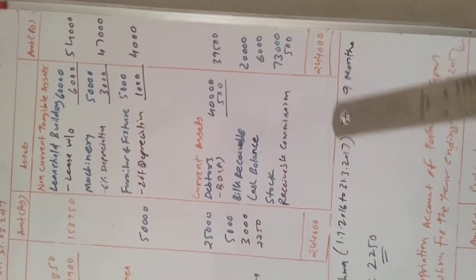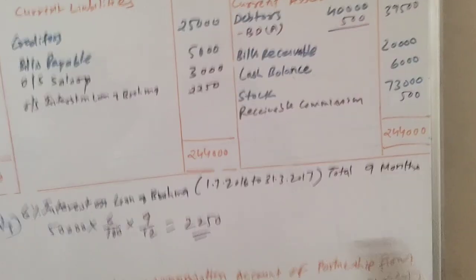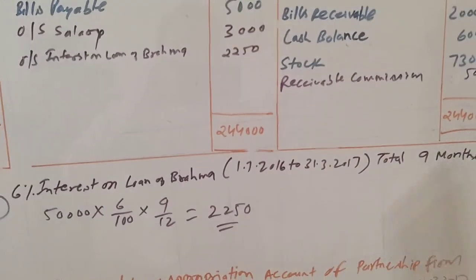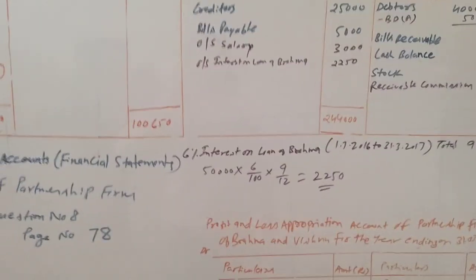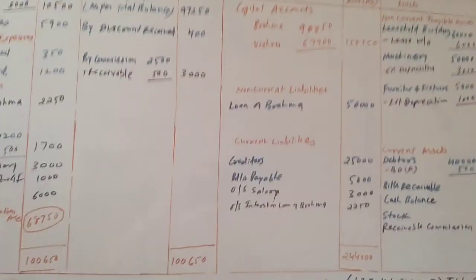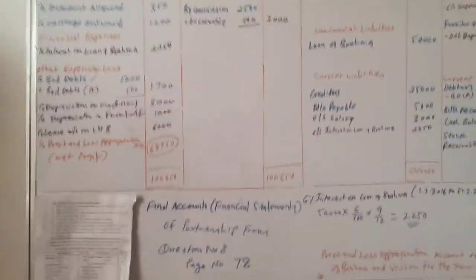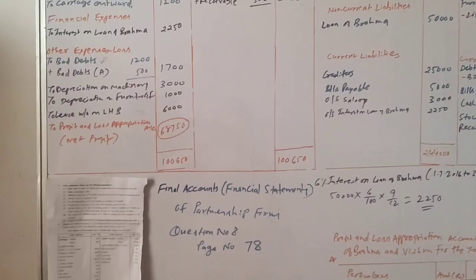Both sides, the liability side as well as the asset side, we are getting a total of 2,44,000. Our balance sheet has tallied. This is how we have to solve a big sum of final accounts, which has a weightage of 11 marks in our board exam. Thank you.